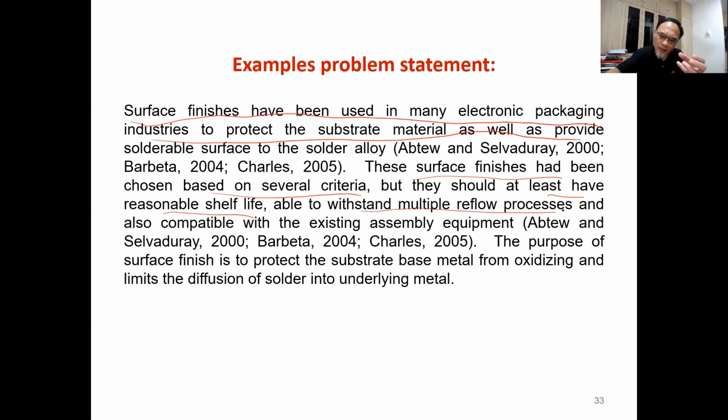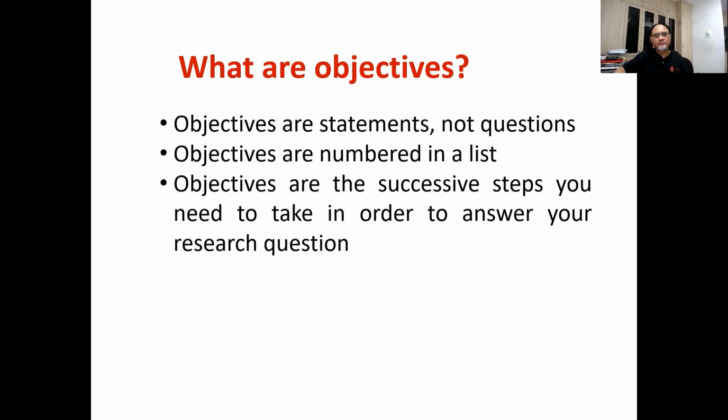That is kind of the burning issue. So you go from background, to burning issue, then purpose. You want to come up with a new substrate or something like that, to address the diffusion of solder into the underlying metal. So you have to coin it very precisely. So that's an example. You can refer to many other books about problem statements.